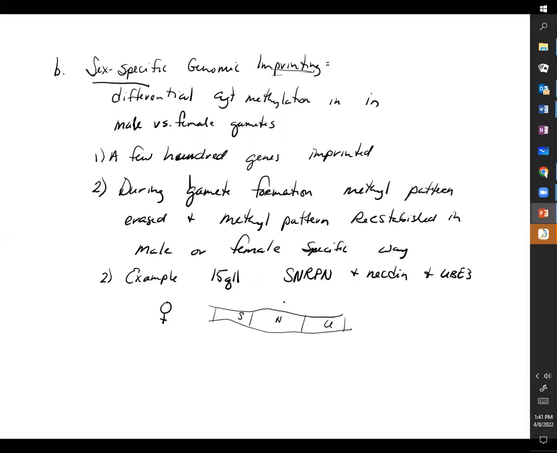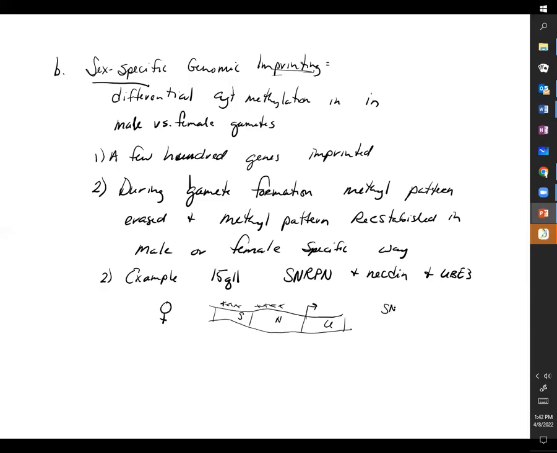In the maternally derived chromosome, the SNRPN and the necdin are methylated, which means they're not expressed, but the UBE3A is not.